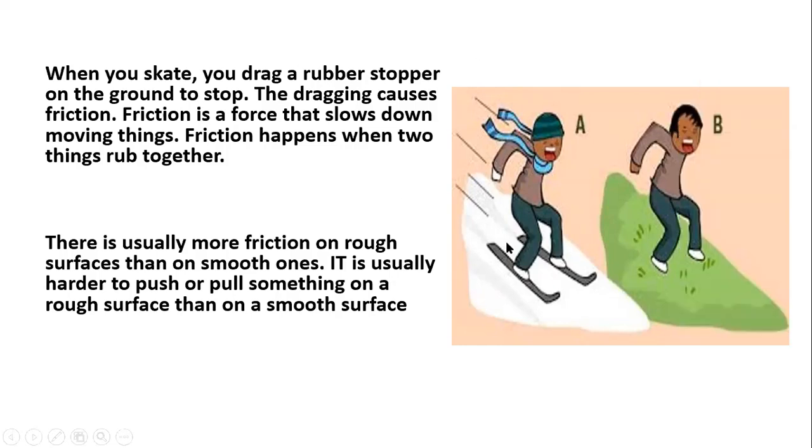Just like this one right here, to stop skiing or sliding down, you have to create friction. So you have to do something that could stop it. There's usually more friction on rough surfaces than on smooth ones. It is usually harder to push or pull something on a rough surface than a smooth surface.